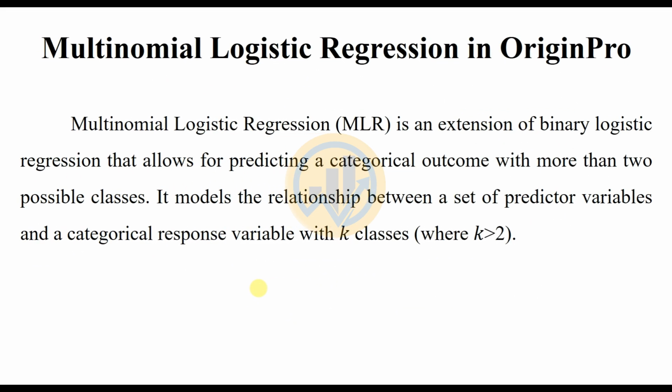So multinomial logistic regression is an extension of binary logistic regression that allows for predicting a categorical outcome with more than two possible classes. It models the relationship between a set of predictor variables and a categorical response variable with a number of classes higher than 2.